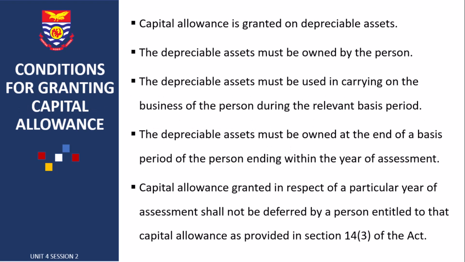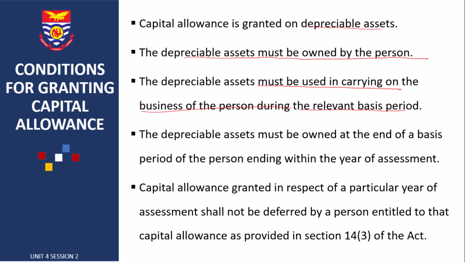So there are certain conditions for granting capital allowance. First, capital allowance is granted on depreciable assets. Then the depreciable assets must be owned by the person. Also, that depreciable asset must be used in carrying on the business of the person during the relevant basis period.